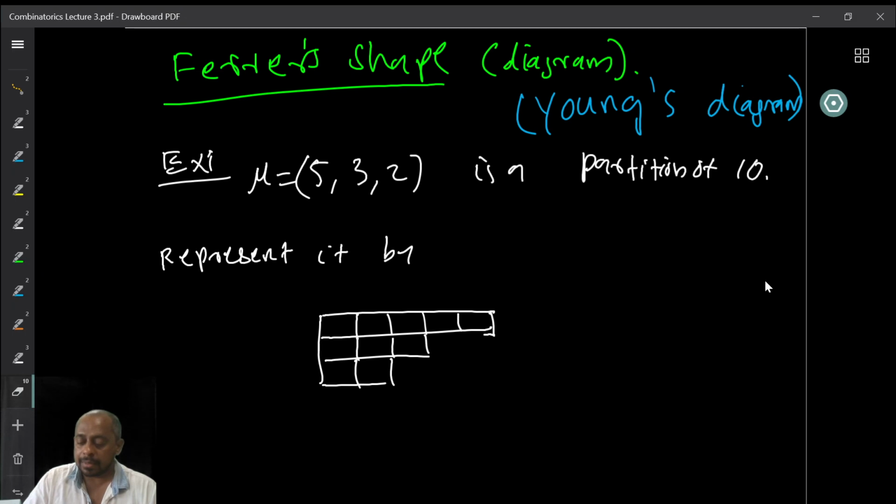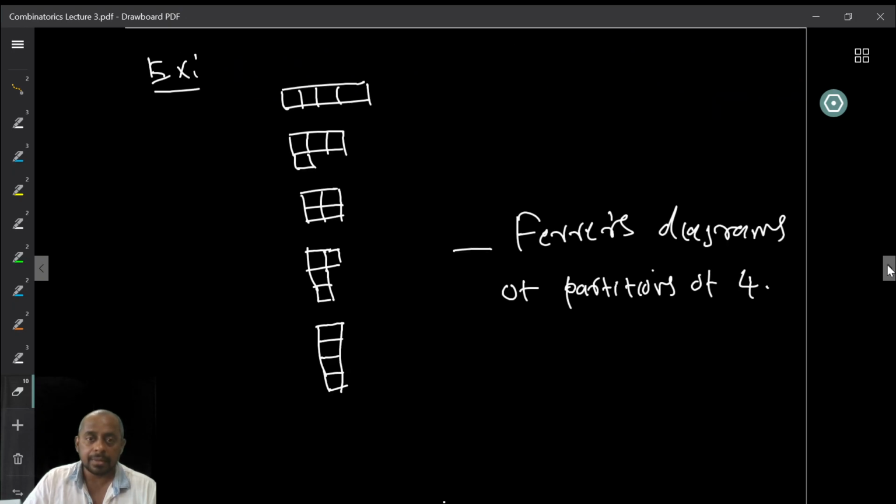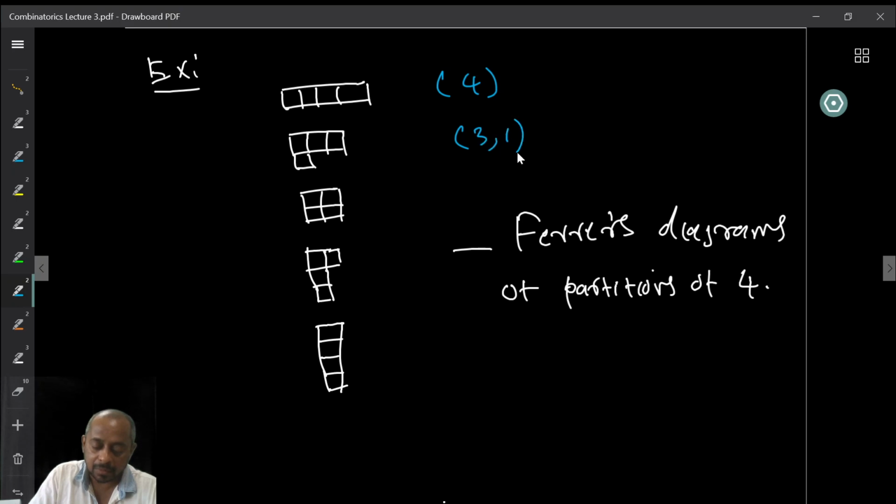Now let us look at partitions. There could be several partitions, so there could be several such figures, and they will be distinct. So here are the Ferrers diagrams of partitions of 4. What is the first partition? The first represents the partition 4. The second one represents the partition 3, 1. The third diagram represents the partition 2, 2.